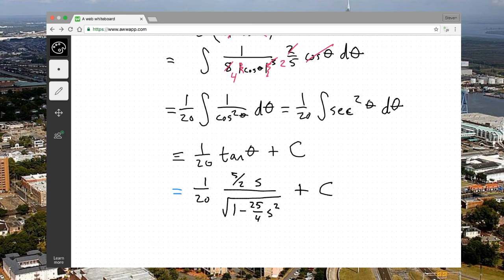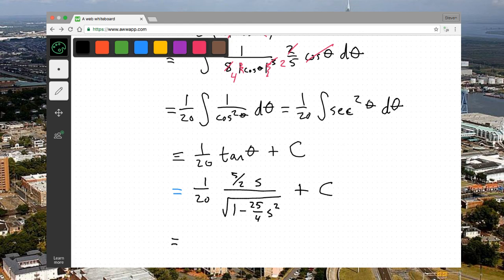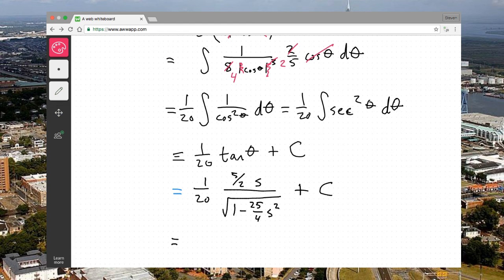Finally, let's do a little bit of simplification here. We can take that 20 down here. We have a 5/2 on the top, so we can write that. We can cancel a 5 here and here to get a 4, and then that would get us 1 over 8.